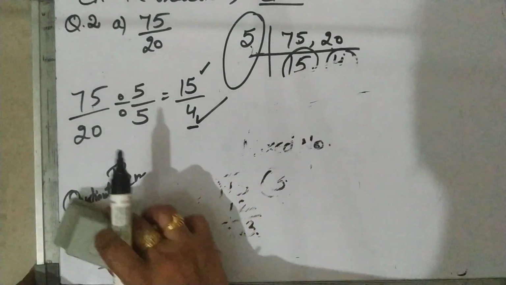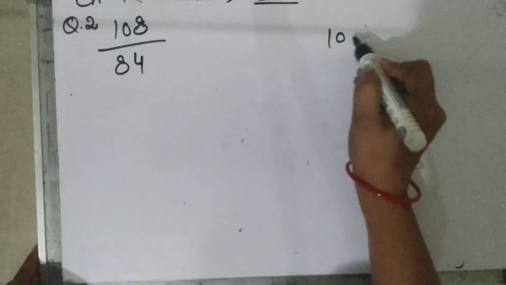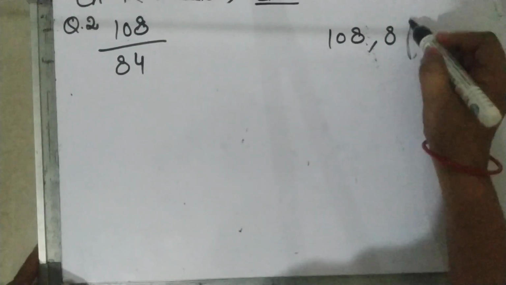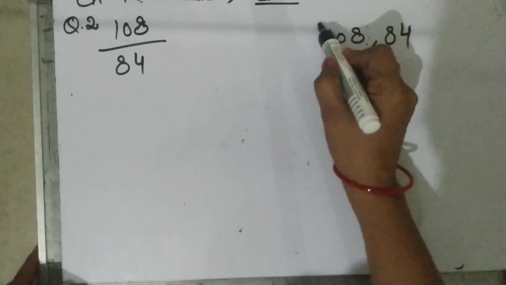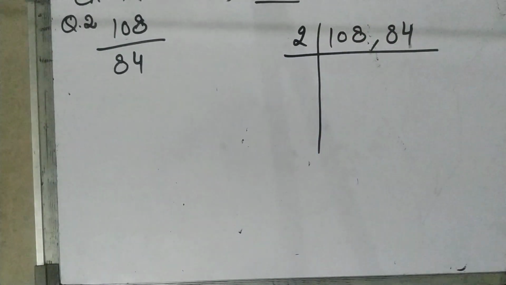Now, question number B. The term given here is 108 upon 84. First of all, find the HCF. For finding the HCF, you have to take a common factor. 2 is a common factor of both.